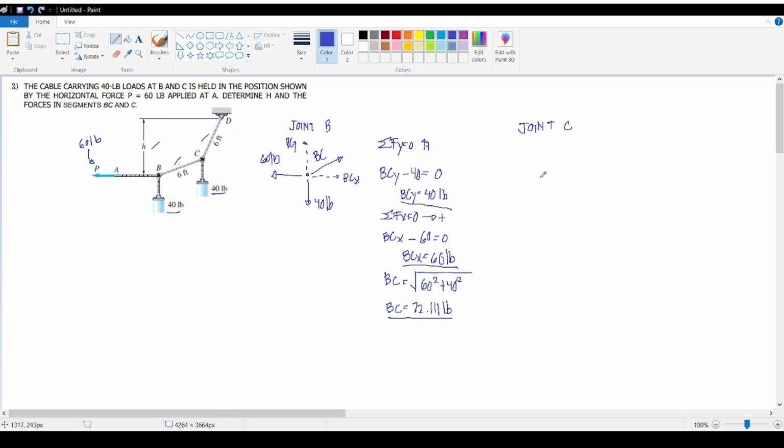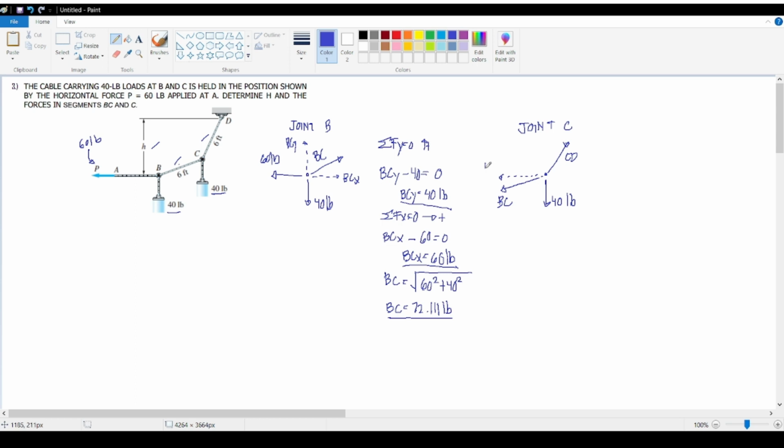Next, let's solve for joint C, because in joint C, we can solve for the force in CD. What are the forces acting in joint C? That's the force CD, the downward load of 40 pounds, and force BC. To make things easier, let's draw the components again for BC.